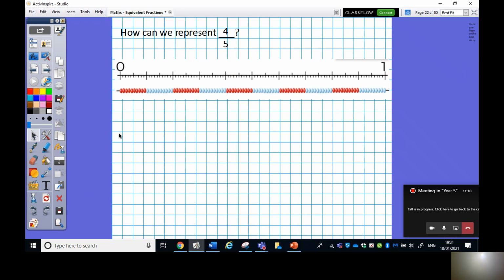How can we represent 4 fifths? Again, think about what the denominator is telling us, and that's telling us what? Good, how many equal parts there are, and then how many parts we are looking at. Put your finger over where you think we'd find 4 fifths.